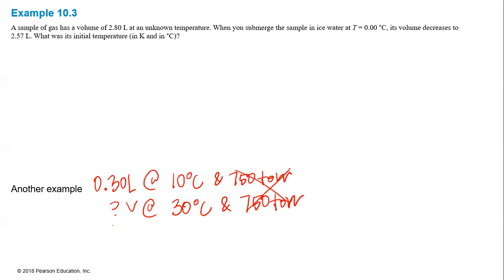So 273 plus 10 would be 283 Kelvin. And 30 plus 273 would be 303 Kelvin. So now we just plug them into our equation and we solve for V2.